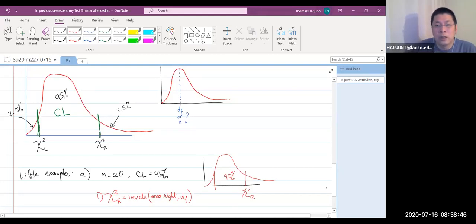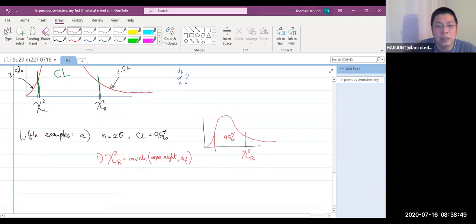In this case, the area to the right of that critical value will be 0.025, and the degrees of freedom is 19.